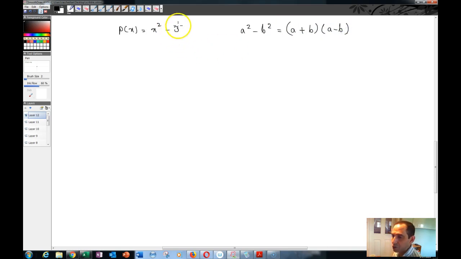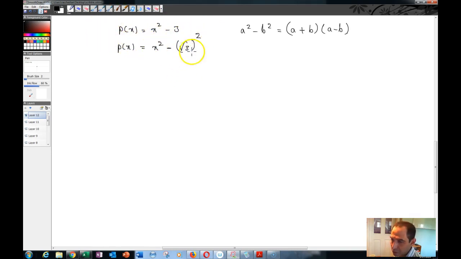Now if I somehow rewrite this polynomial in this form, then I can use this identity in order to factorize it. So I write this as p of x is equal to x squared, and 3 you can write as square root of 3 whole squared. So square root of 3 whole squared is equal to 3 basically. So I have rewritten the polynomial in this way.